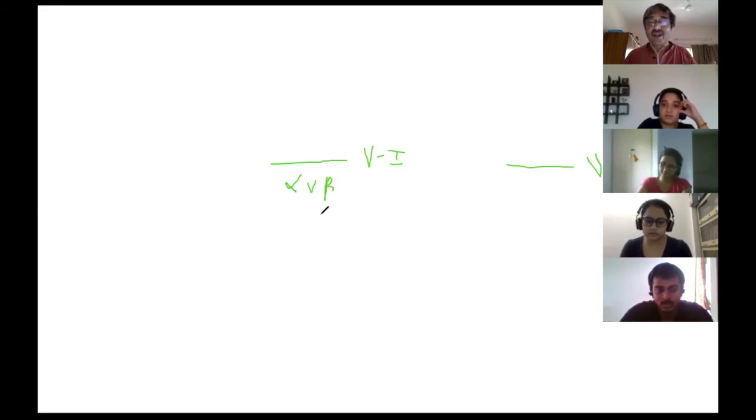Now, if I want to derive alpha or beta, what should I have derived before? I want to say alpha or beta. Yes? Either alpha or beta. One of the two, right? So, for instance, this.